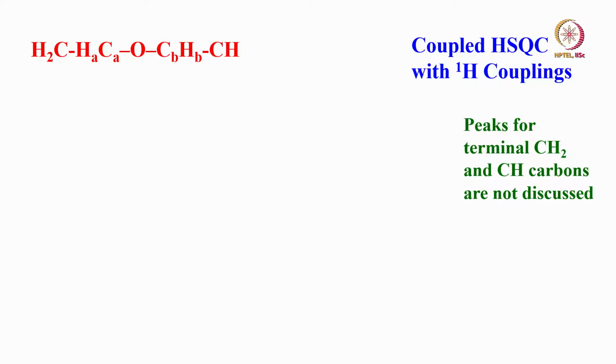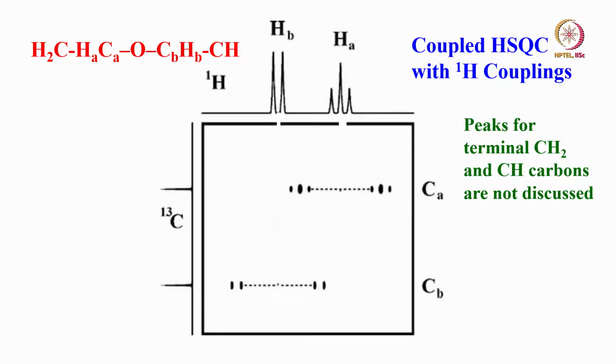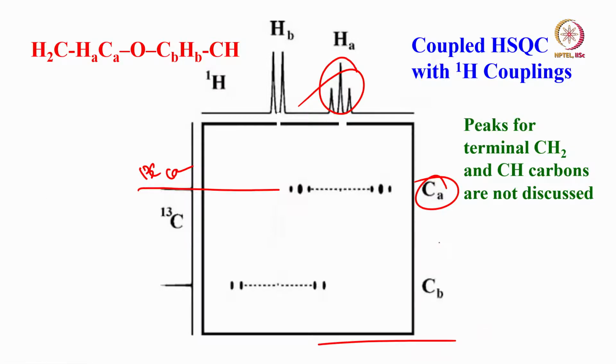Okay. Now coupled HSQC with proton coupling, let us see how the spectrum comes. Look at it, this is what it is. This is carbon 13, go along this axis, this is the carbon 13 chemical shift of CA. This is the F1 axis. In the F2 axis, in this dimension you have only one chemical shift, but in this dimension you have 2 here.